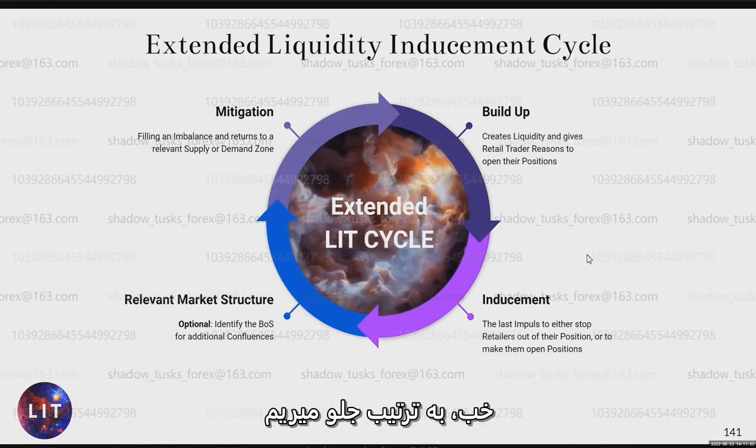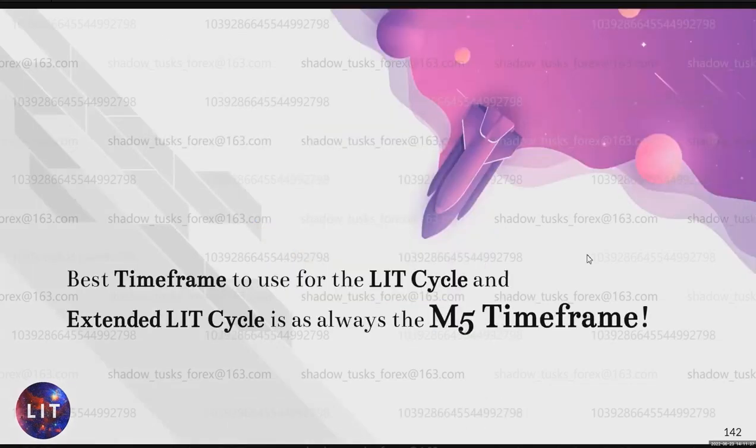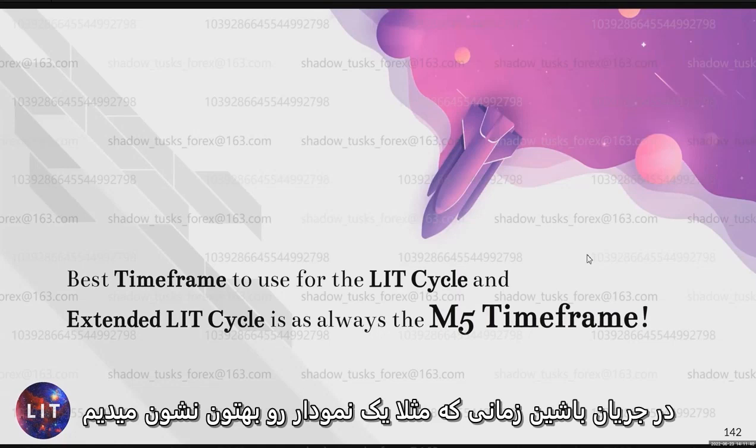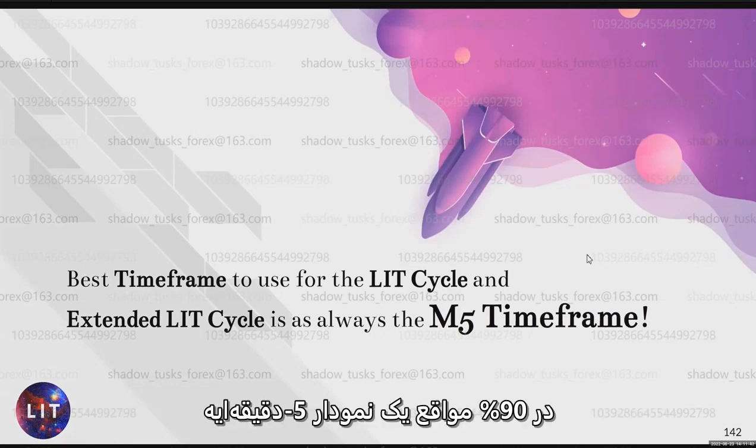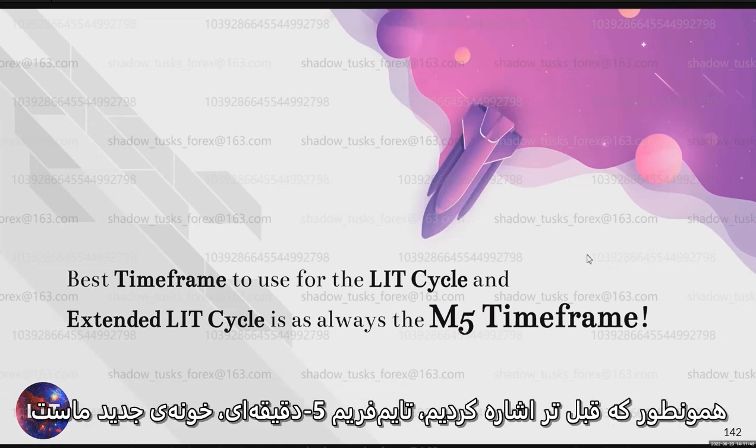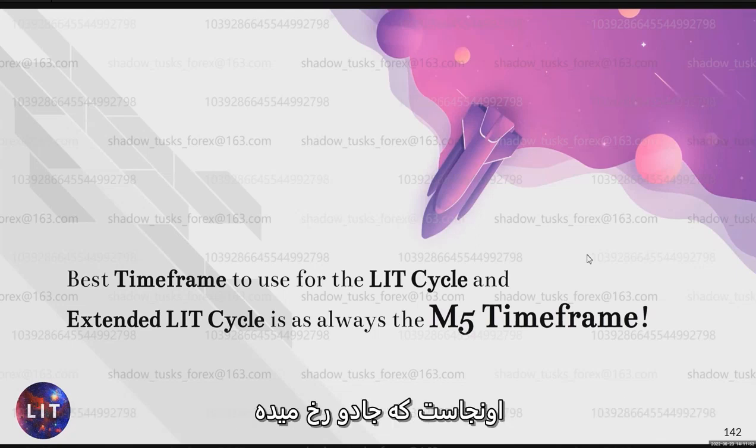Okay, so first things first, as always, and from now on, be aware that when we show you a chart, 90% of the time it is a 5-minute chart. As we covered earlier, the M5 time frame is our new home. Okay, that's where the magic happens.